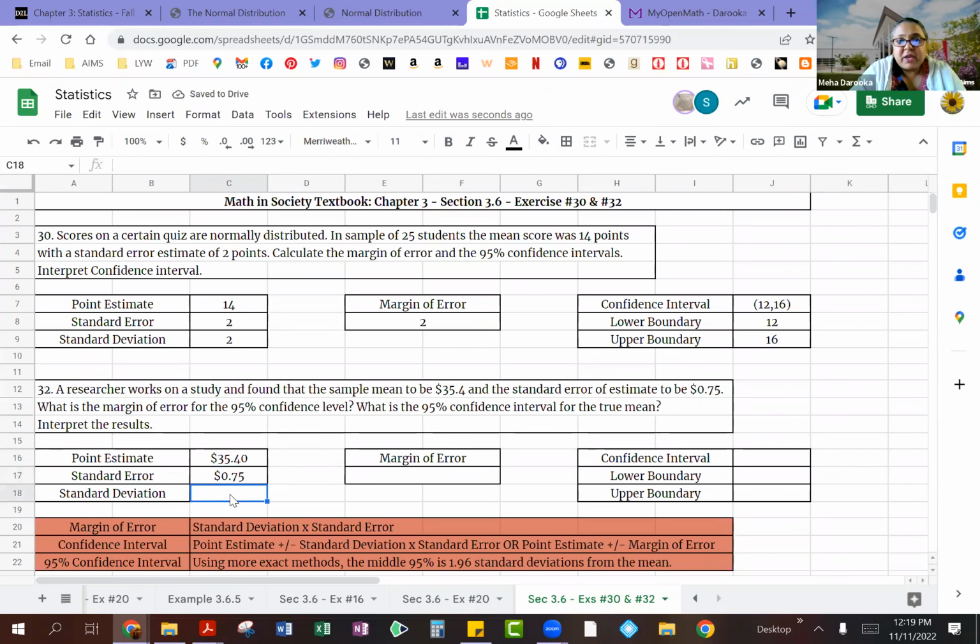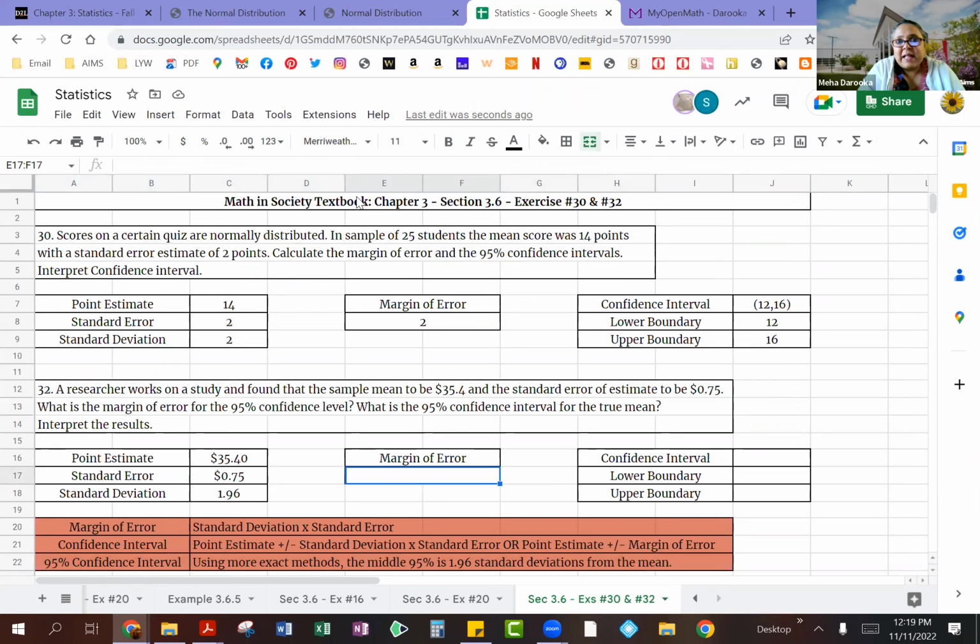Now here, because they specifically did not tell us this is normally distributed, for your standard deviation you will actually use 1.96. So you're not using the empirical rule. I've mentioned that right here in the last section over here. So you will be using 1.96 as your standard deviation.